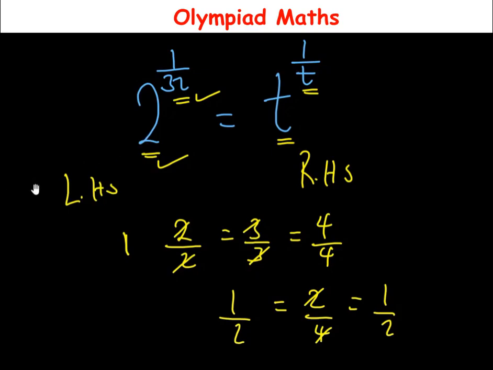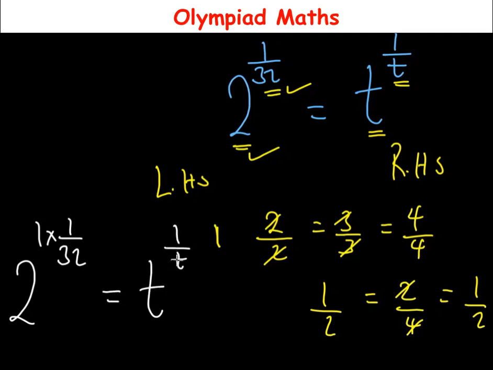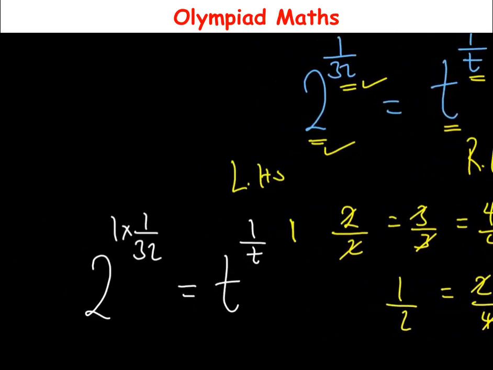And to do so, we can make use of it this way. First, we are going to factorize power 1 from 1 over 32 right here. This becomes, we have 2, then factorize out power 1 from here. 1 times 1 over 32 is equal to t raised to power 1 over t. Now, the concept of equivalent fraction will be applied right to this power 1 right here.